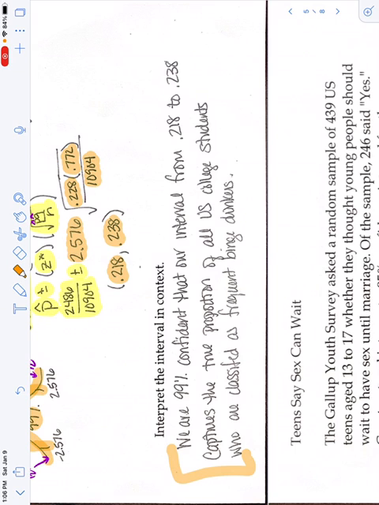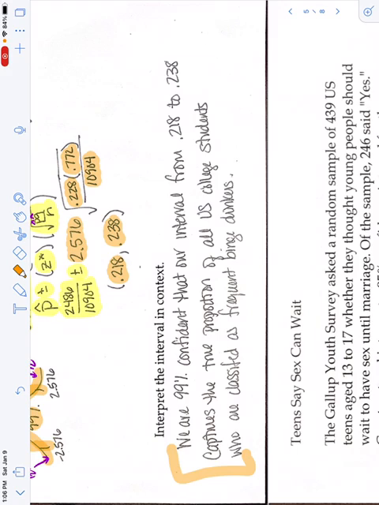So I hope you're starting to feel the rubber stamp sentence that we are writing. We are 95% confident that our interval from blank to blank captures the true proportion of all whatever, of all beads that are red, of all South Stokes High School students who play soccer, whatever.